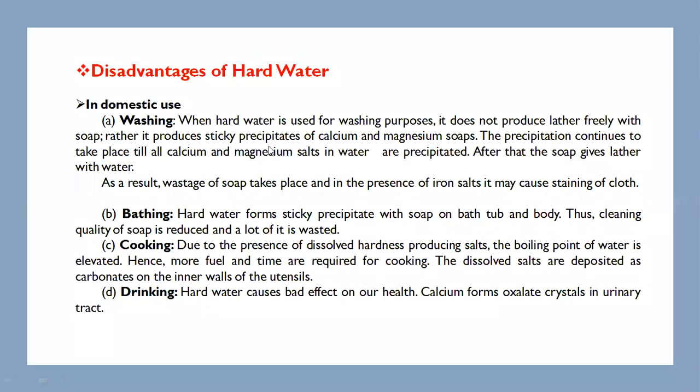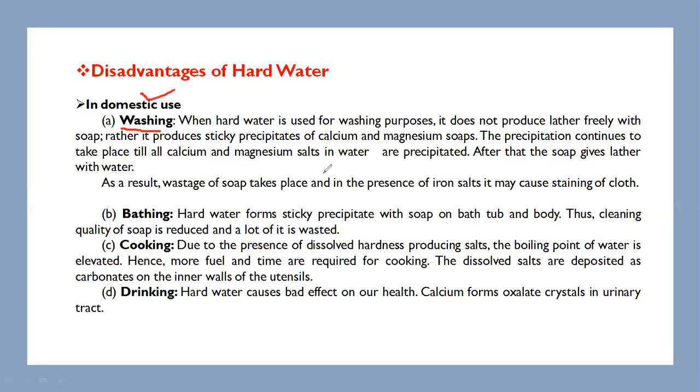Now, what are the disadvantages of using hard water? As far as domestic use is concerned, during washing, when hard water is used for washing purposes, it does not produce lather freely with soap. Rather, it produces sticky precipitates of calcium and magnesium soaps.